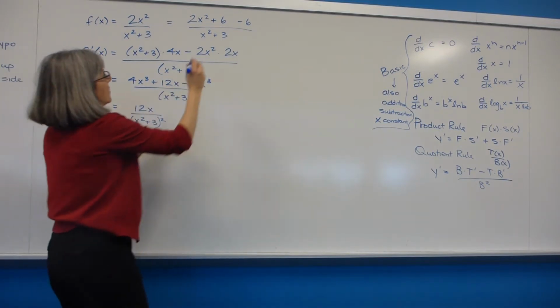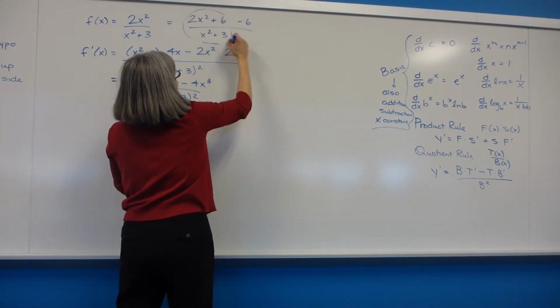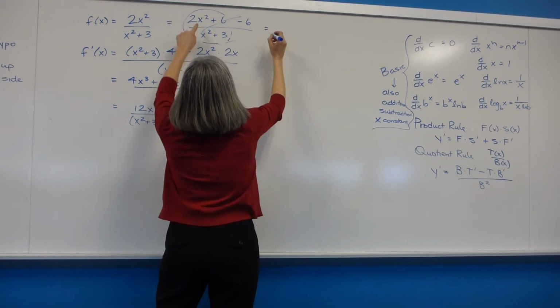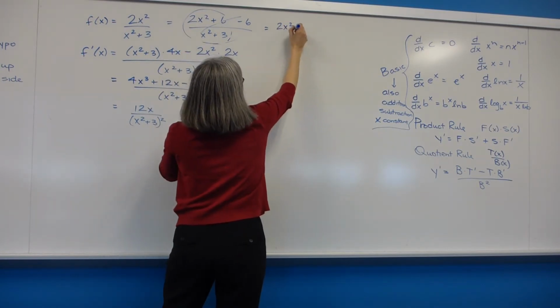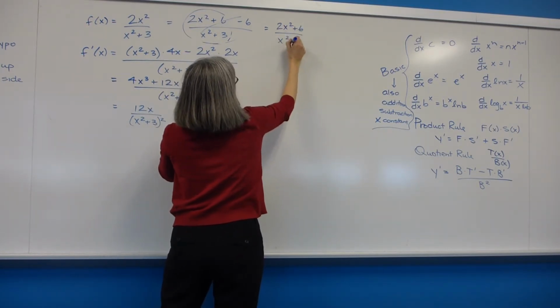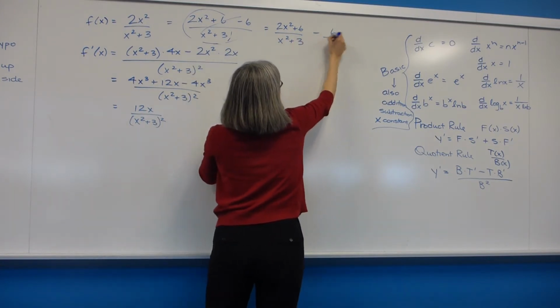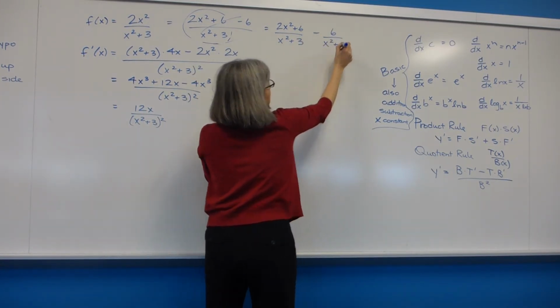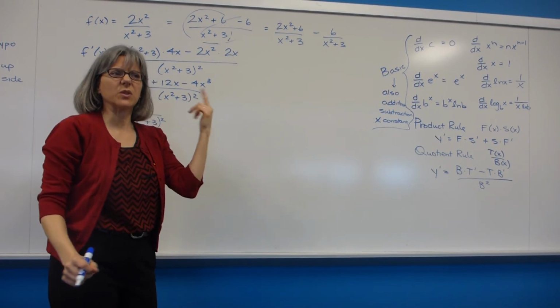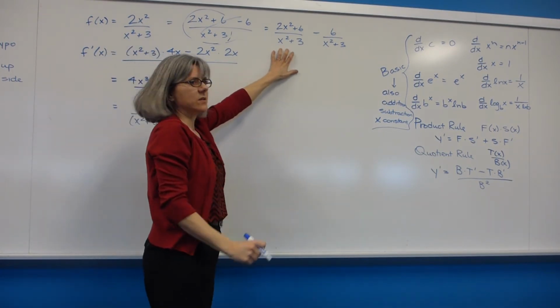Right. But now I'm going to split it up differently. So now I'm going to write it as 2x squared plus 6 over x squared plus 3 minus 6 over x squared plus 3. I wouldn't expect you to do this, but just so you can see where it comes from. Right. What does this equal?